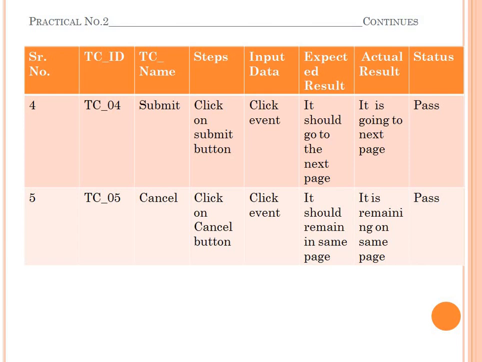The third difference is that verification is done without executing the software. Verification is the documentation part, where we only check the product. In validation, we check whether the product is going in the right way or not.